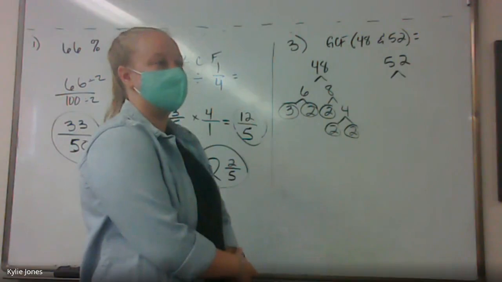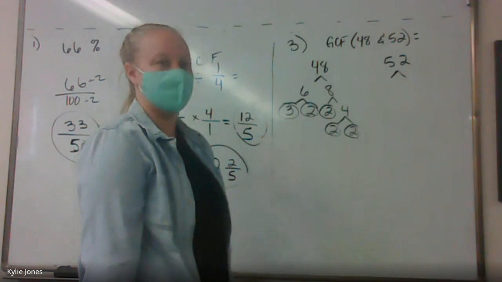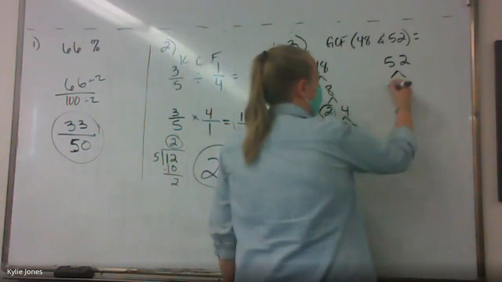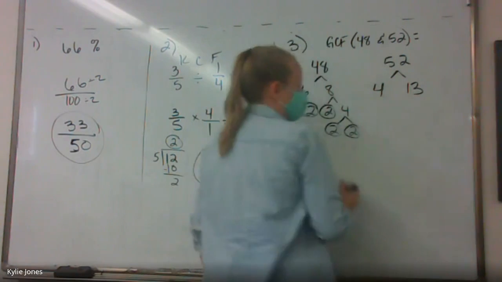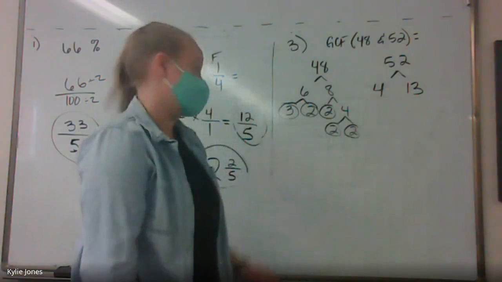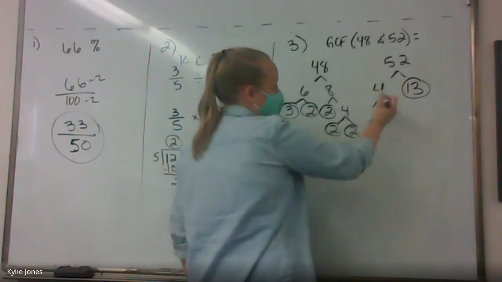There's 52 cards in the deck, and there's 4 suits in the deck of cards, and there's 13 in each suit. Anyway, we'll do 4 and 13, because it doesn't matter which one we do, right? It comes out the same. Are either of these prime? 13 is, but we know 4 is not. What multiplies to 4? 2 and 2.